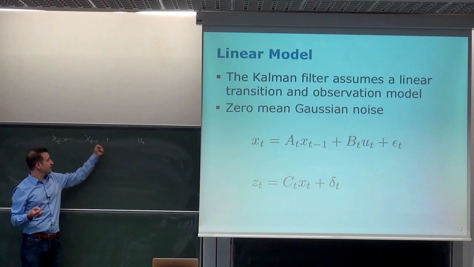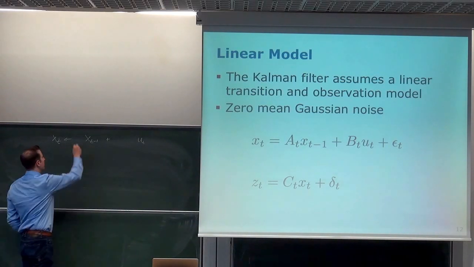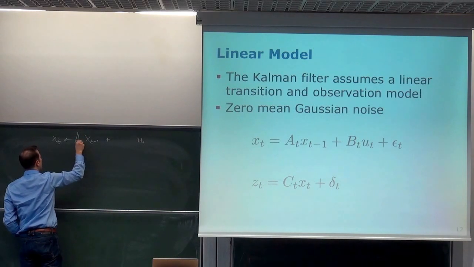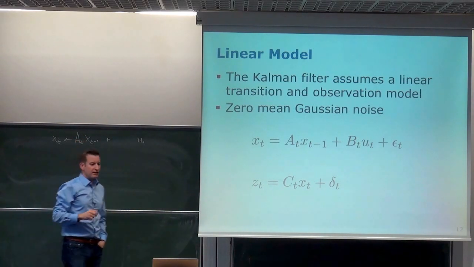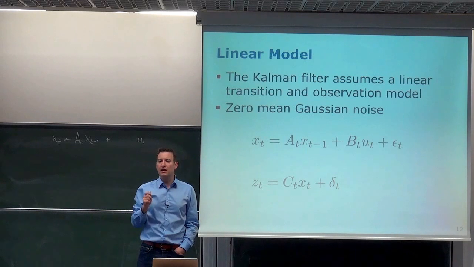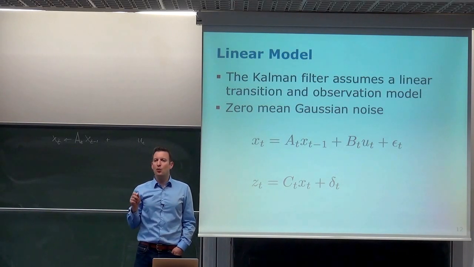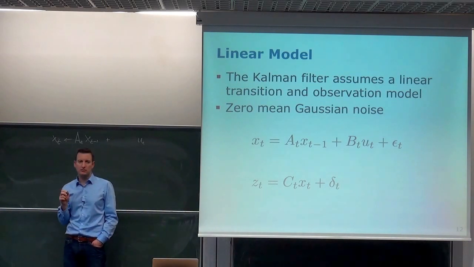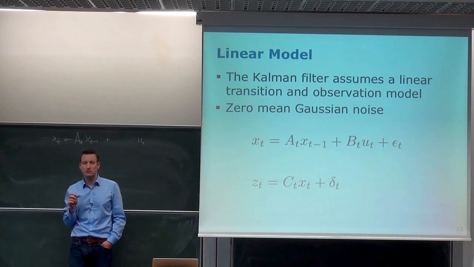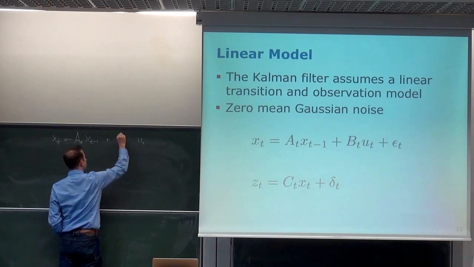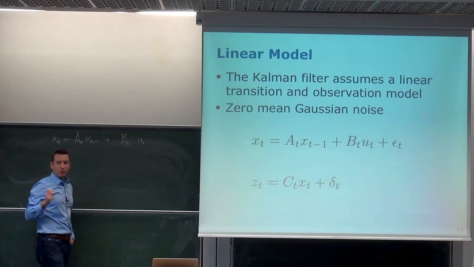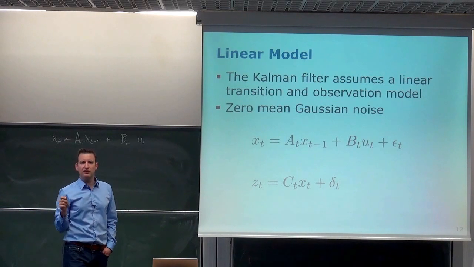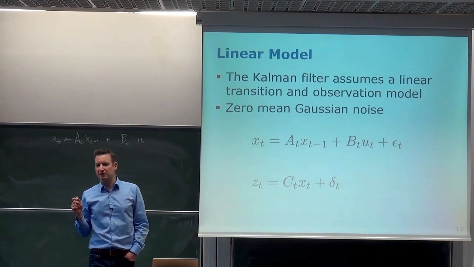So two things need to be considered here. The first thing is one matrix At over here, and this matrix tells me how the state evolves without any additional control commands applied. So how does the system change the state on its own? And the second matrix B tells me what is the change to the state given the command that I'm going to execute.